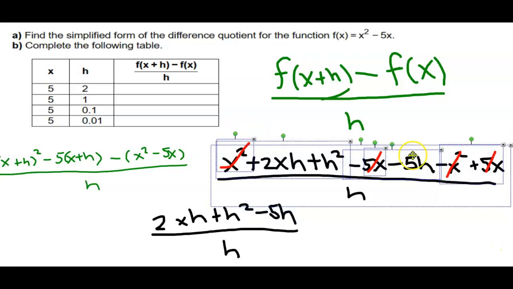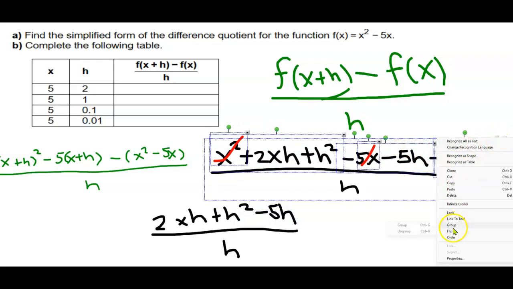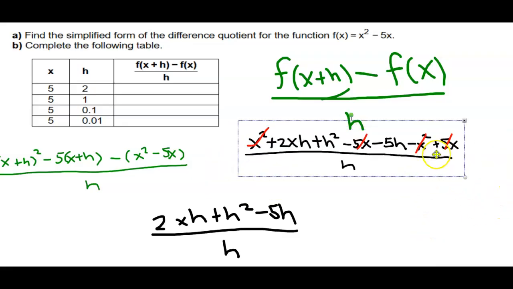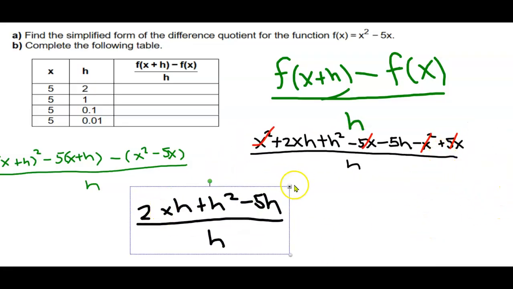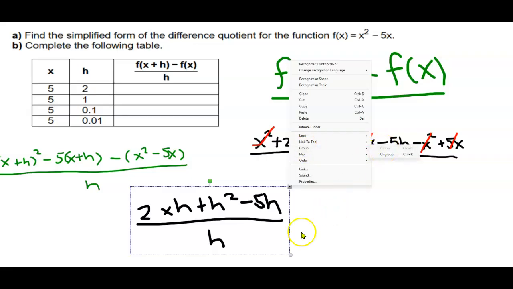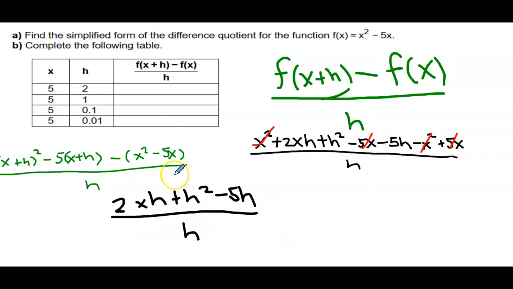And now that we've got three terms in the numerator, they all share that common factor of h. So we can pull that h out, and then it'll cancel with the factor we have down below. All three terms up top have h. If I pull the h out, I'm left with 2x in the first term. This was h squared, so now it's just h, and then we have just a minus 5.